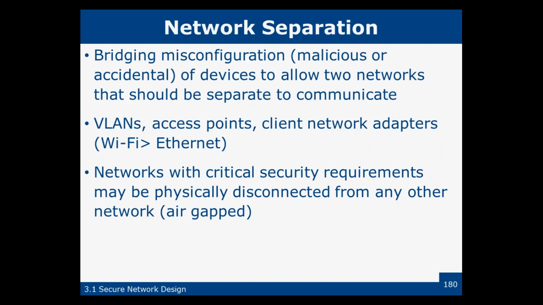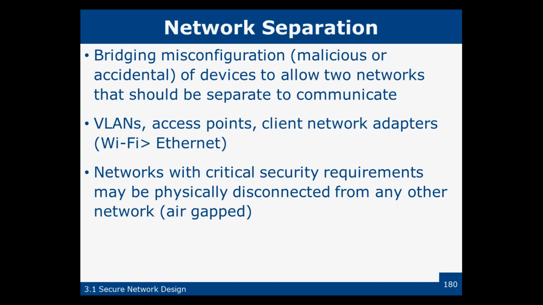So, malicious or accidental, the devices allow two networks that should be separate to communicate, the internet and our private network, because for some reason we created a bridge between the wireless NIC and the wired NIC. Some people think that it's going to make things faster, but it probably won't. It may even create a loop and slow you down.